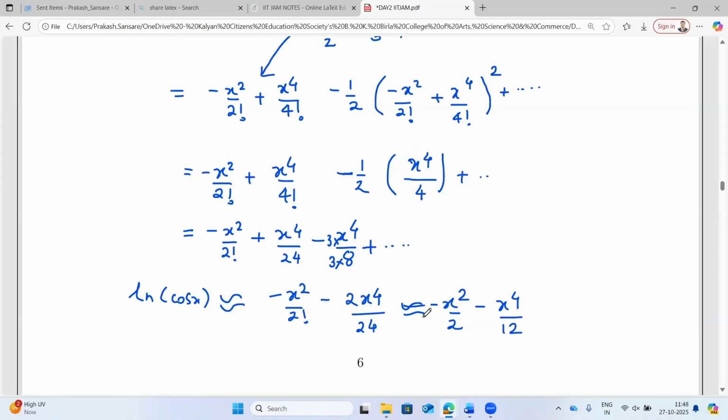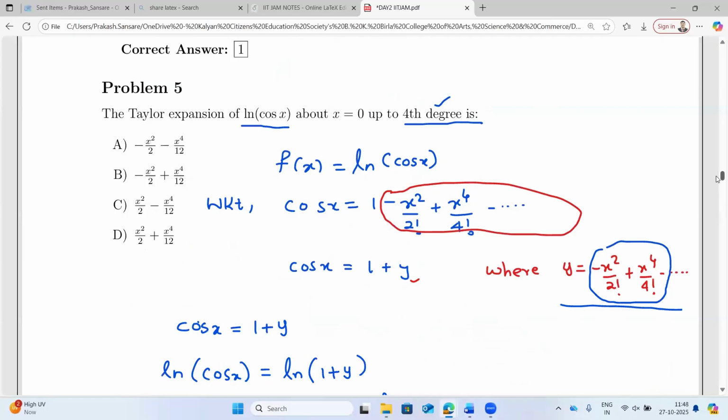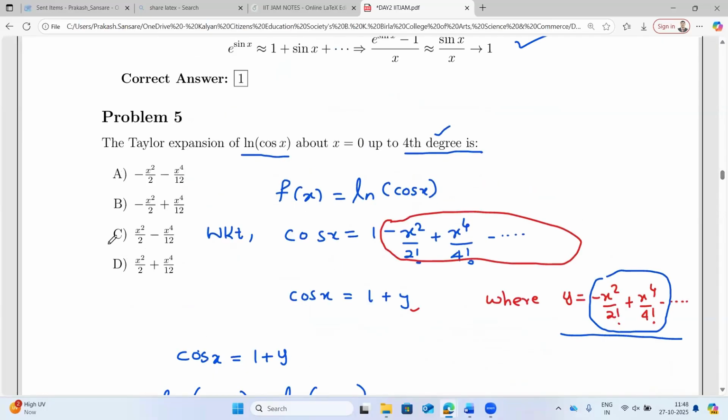So this is my answer: minus x squared by 2 minus x raised to 4 by 12. Let's see whether this is there or not. Yeah, I think it's mentioned. It's option A.